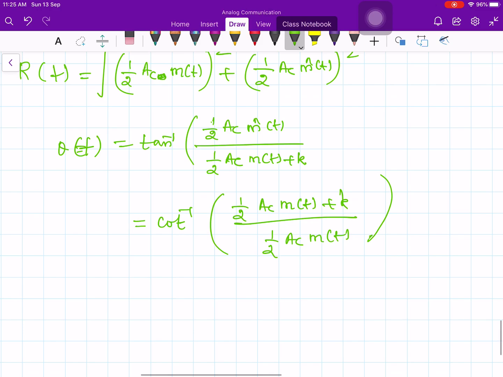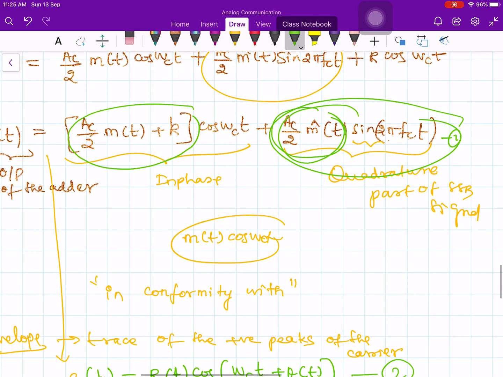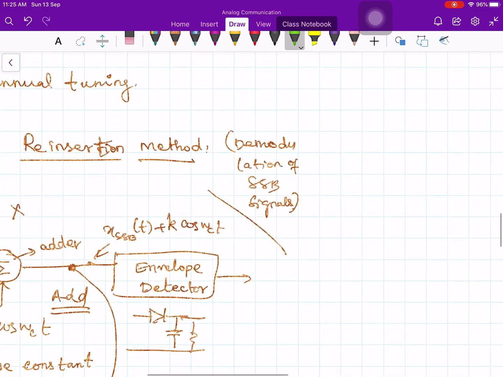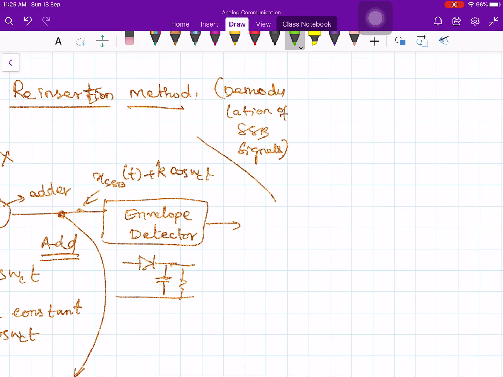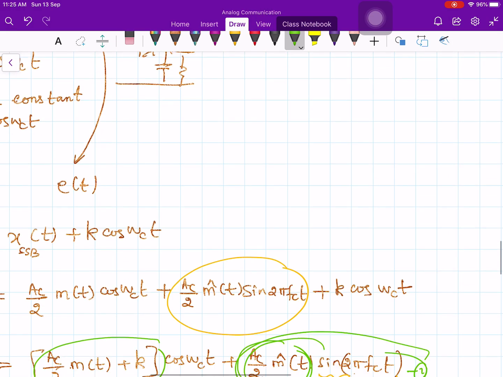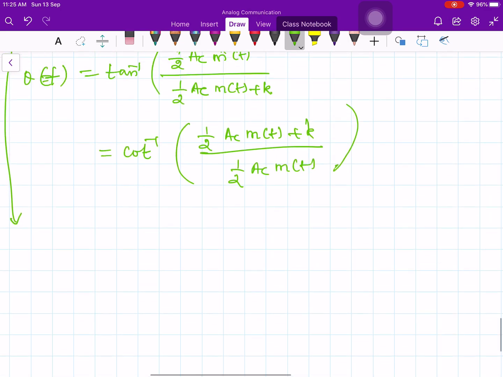Okay, we are now looking at the envelope of the signal, because we are going to give the signal to the envelope detector. Why are we finding the envelope? If you look at the diagram, we are going to use the envelope detector. Therefore, we need to find the envelope of the signal, denoted by R of t.